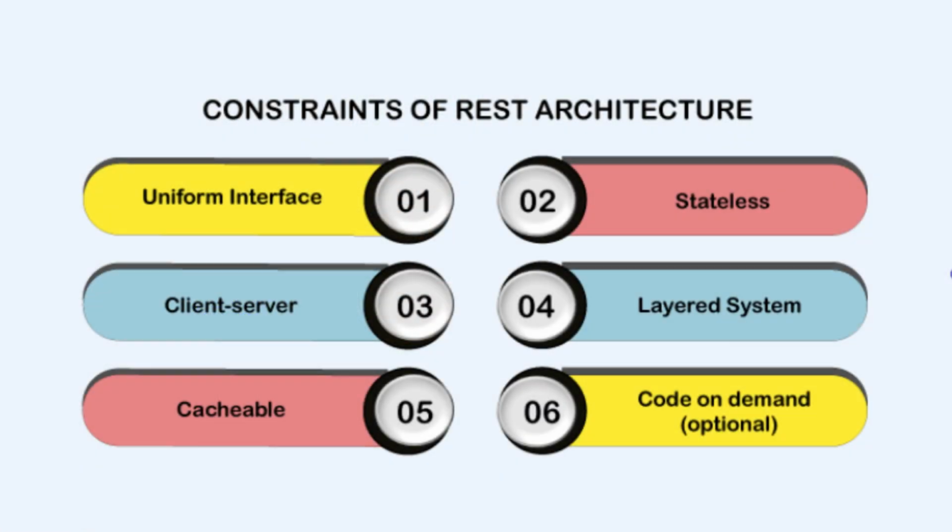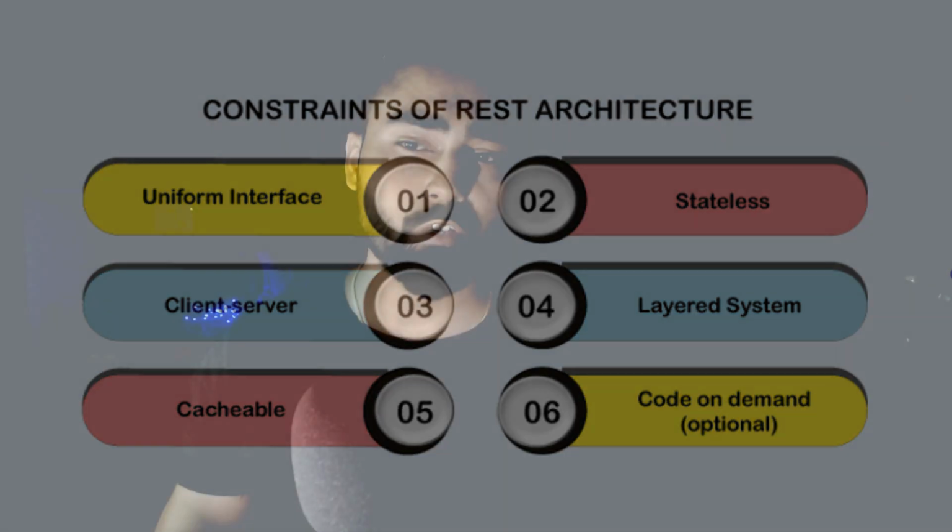When you are designing the REST API, you have to keep in mind that you design your API by following REST guidelines. Otherwise you can design your API in any way. But REST gives you 6 principles that you need to follow, and these are those 6 rules, constraints or principles. So the first is uniform interface.